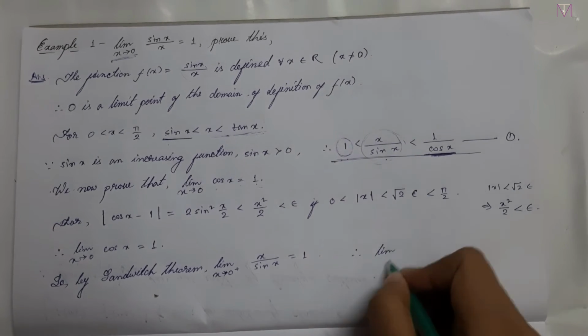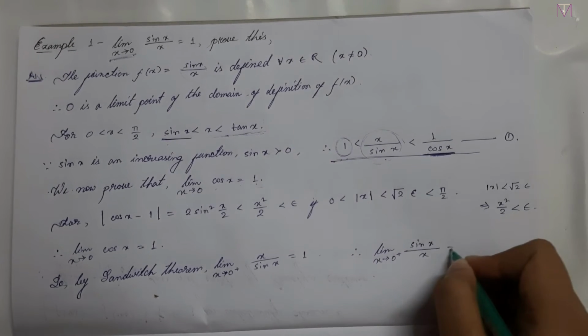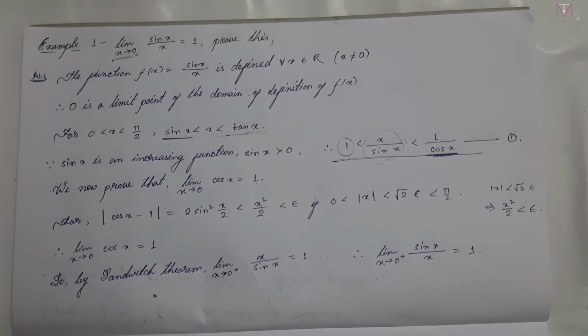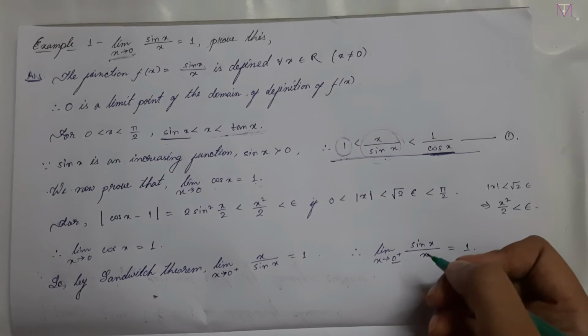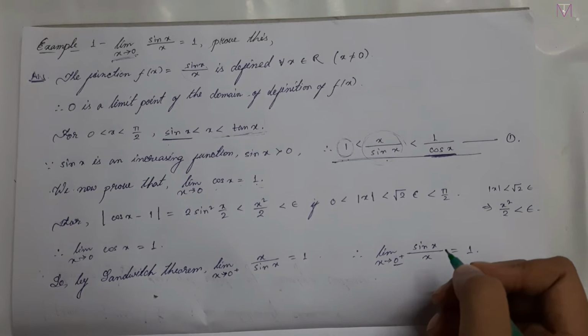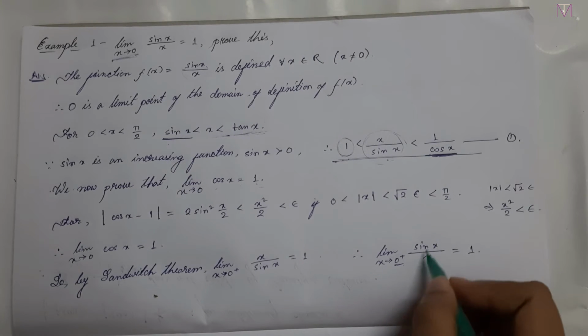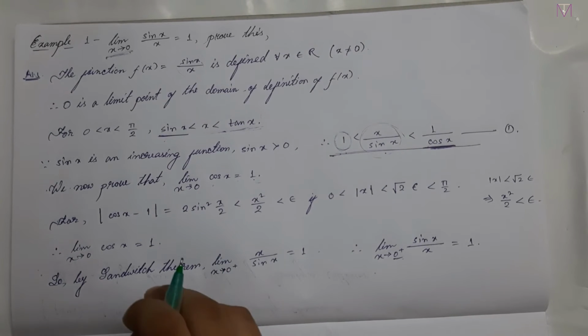Therefore limit x tends to 0 plus sin x by x is equal to 1, using limit x tends to a of 1 by x is equal to 1 by a. Now if x tends to 0 plus is proved, then we have to find limit x tends to 0 minus sin x by x. Otherwise we can't say that limit x tends to 0 of sin x by x is equal to 1. Okay, so prove that.